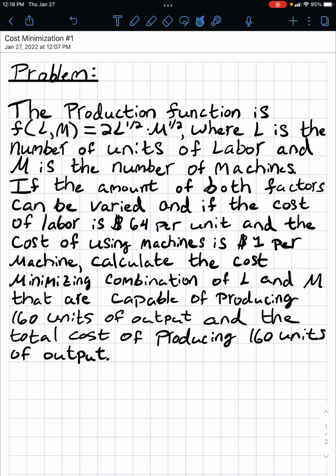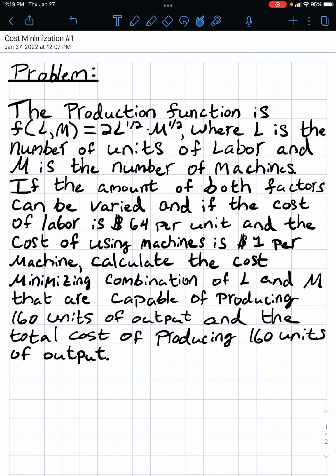If the amount of both factors can be varied, and if the cost of labor is $64 per unit and the cost of using machines is $1 per machine, calculate the cost minimizing combination of L and M that are capable of producing 160 units of output and the total cost of producing 160 units of output.